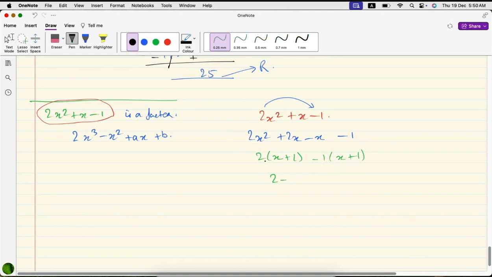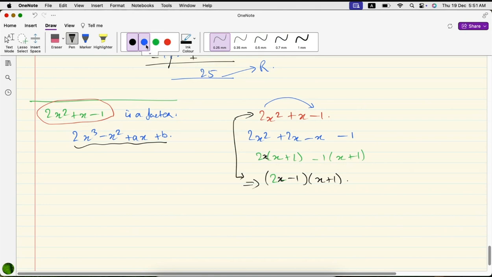This was 2x. So 2x minus 1 into x plus 1. Quickly recheck it. Yeah. So basically, this polynomial is divisible by this expression 1 or 2.